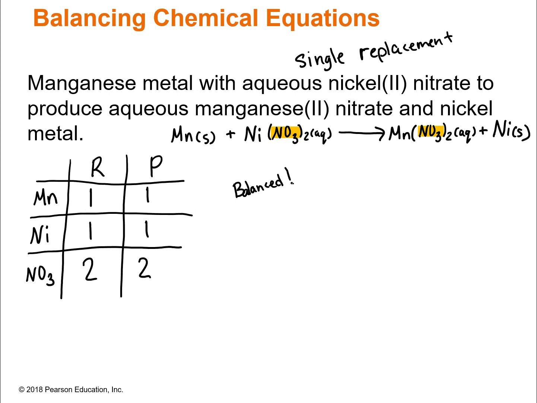It's already balanced. So always do that first chart. Double check and make sure that your formulas are written correctly if you have to write the equation from the written description. But if it's already balanced, it's already balanced. So all of our coefficients, it would be 1, 1, 1, and 1. Done deal.